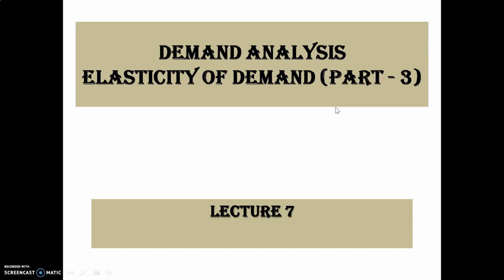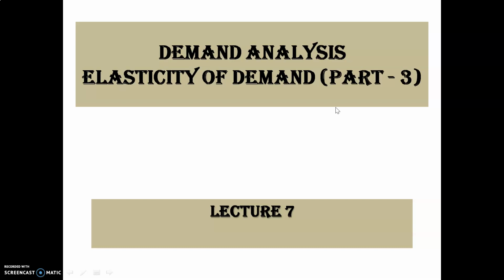We moved towards the topic of elasticity of demand, and under elasticity of demand again we picked up various types of elasticity of demand. So what are the various types of elasticity of demand? First is price elasticity of demand, second is income elasticity of demand, and third one is cross elasticity of demand, right?